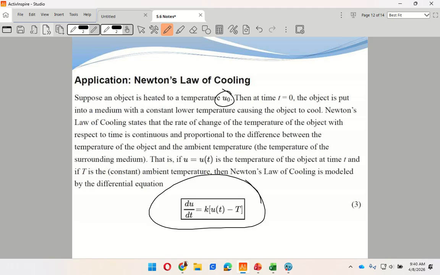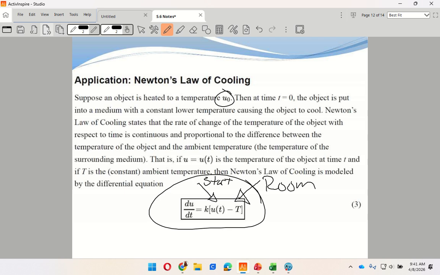That is, if U is equal to U of T, the temperature of the object at time T, and if capital T is the constant ambient temperature, that's important, room temperature, and this is my heated starting temperature, then Newton's law of cooling is modeled by the differential equation here.